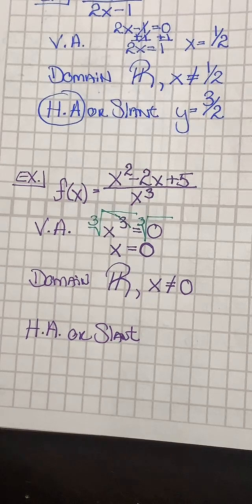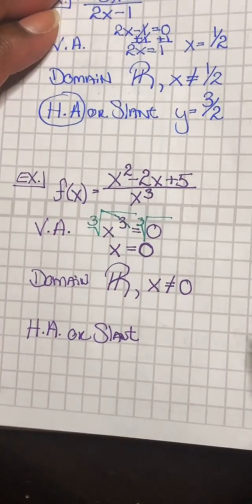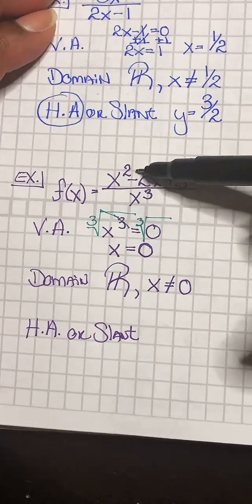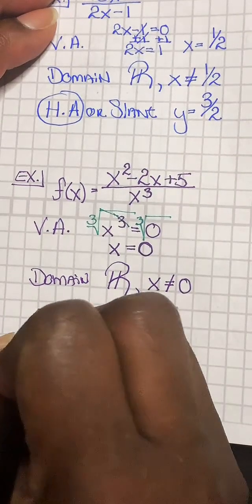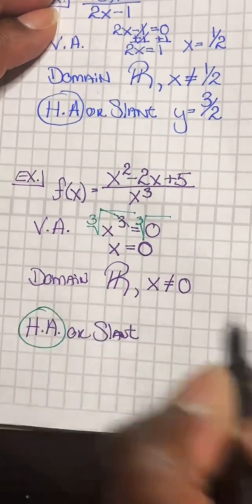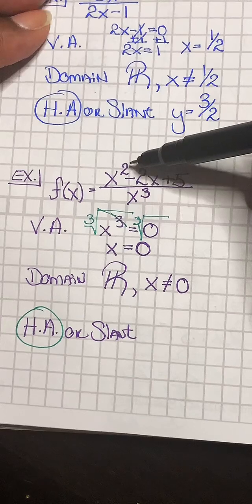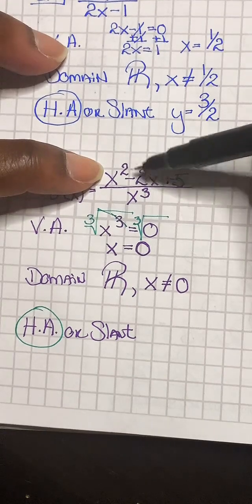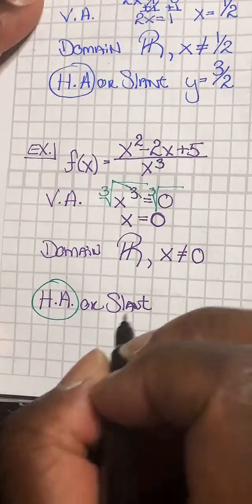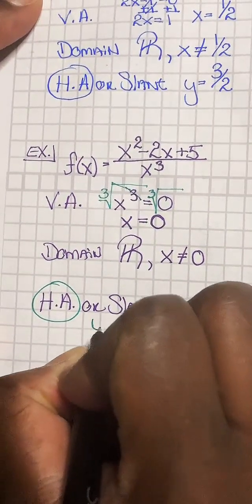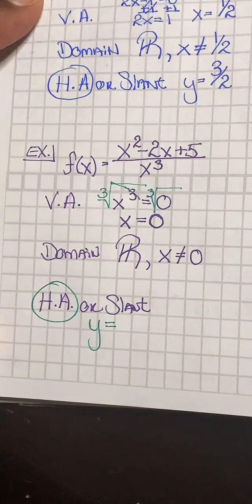So since the degree is lower in the numerator than in the denominator, it's going to be a horizontal asymptote. That means my equation has to be y equals what?